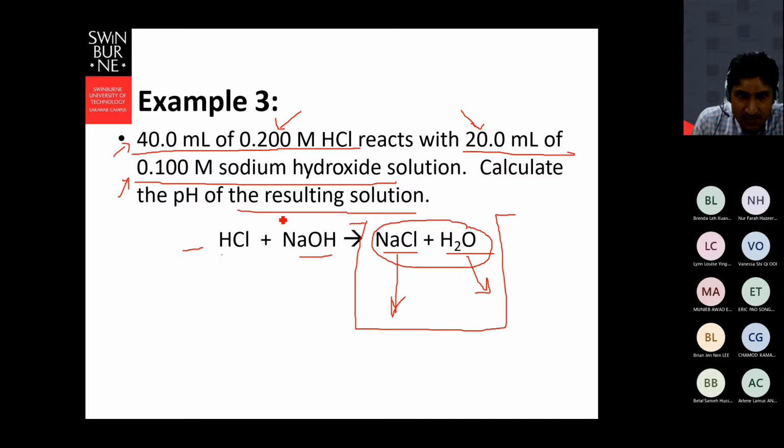Sodium hydroxide is finished already, but the 6 times 10 negative third moles of HCl is still in the solution. So the solution is being influenced by this number of moles of HCl.